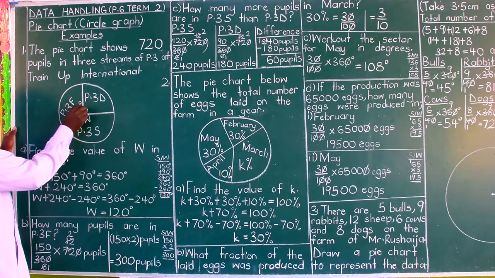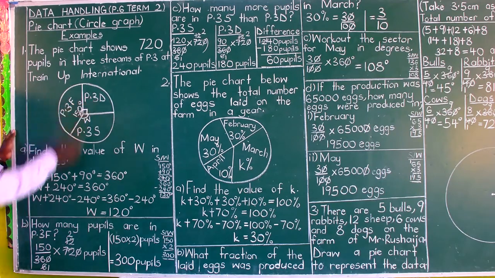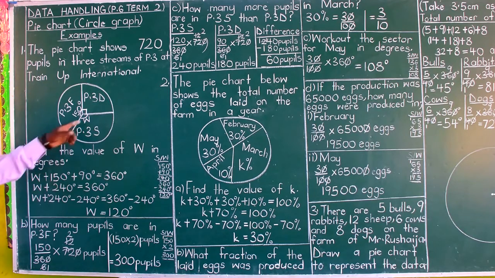And it should be noted that whenever you see this right angle, you think about 90 degrees. So I've got 90 degrees for P3 Divine, then 150 degrees for P3 Flare, and for the other P3, we shall have that W, which is not known.